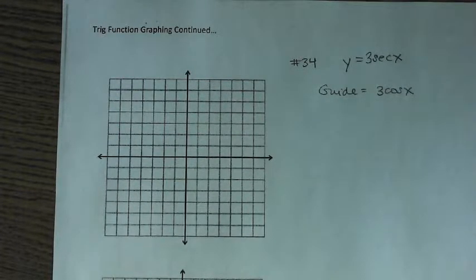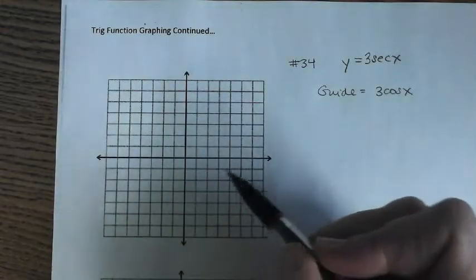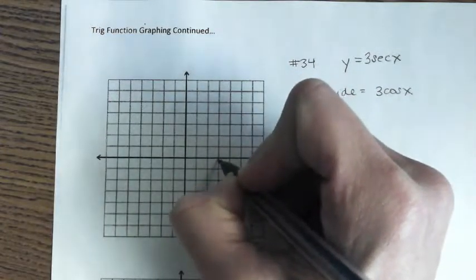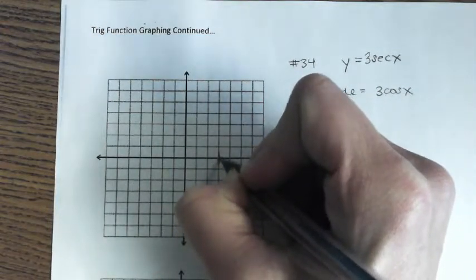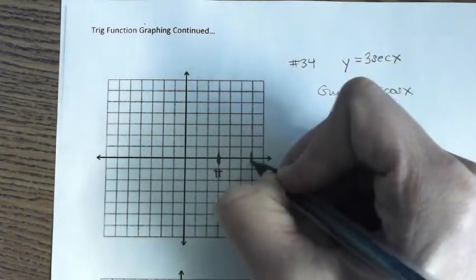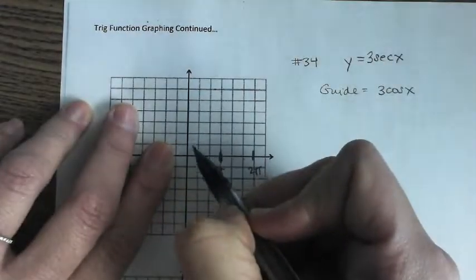And I'm going to do, I wish I didn't have these axes here, but I'll do 0 to 2 pi. So we'll put pi here and 2 pi here. So just my cosine curve with an amplitude of 3.